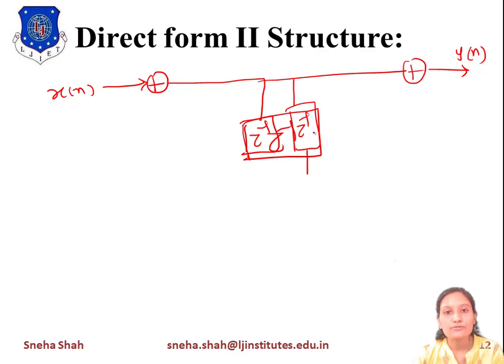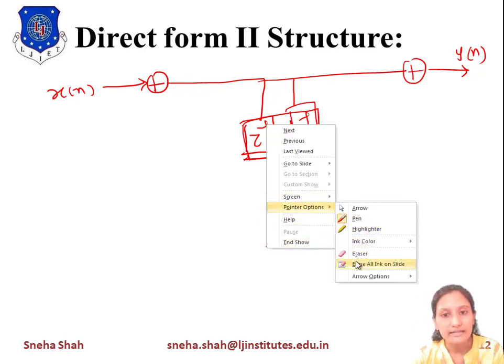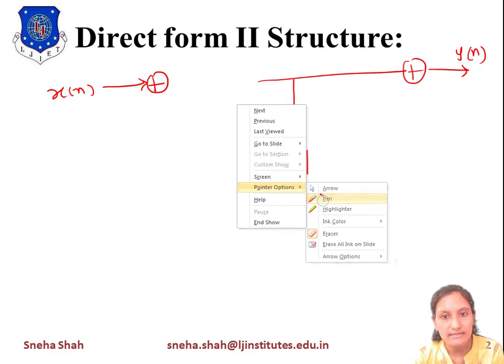So it will save the number of memory units. So to reduce the number of memory locations for different applications, we will use the direct form 2 structure. So the final direct form 2 structure can be redrawn like this.